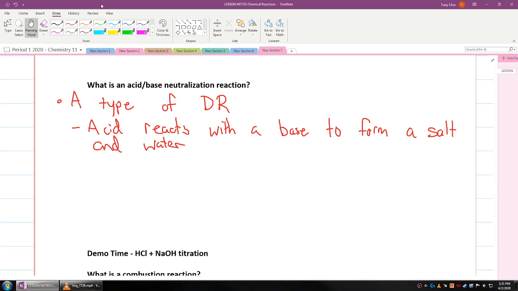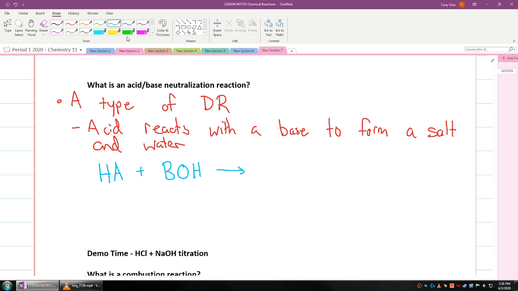So what does this look like? Well, you could have some acid, hydrogen plus some nonmetal, plus some base, metal of the base plus OH, is going to react to form a salt and water.